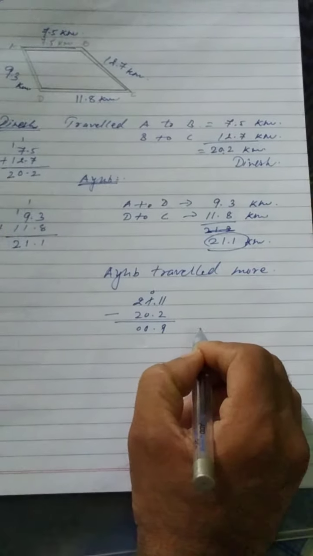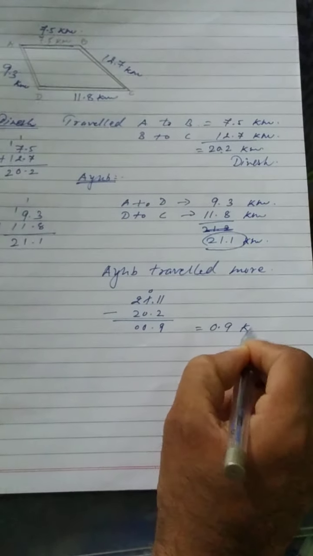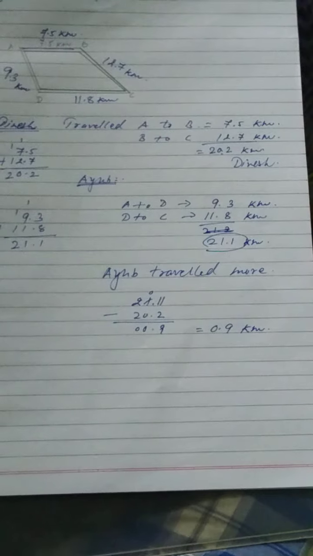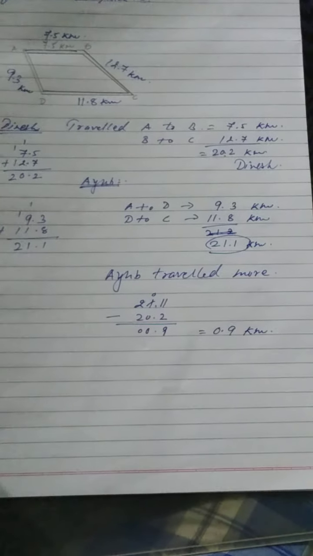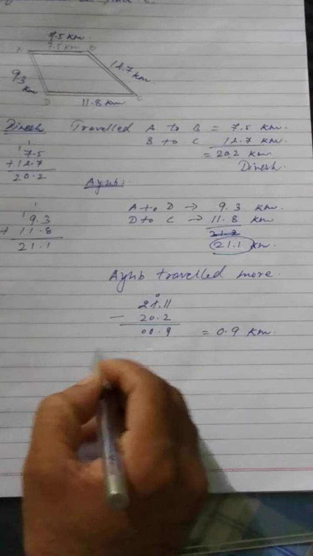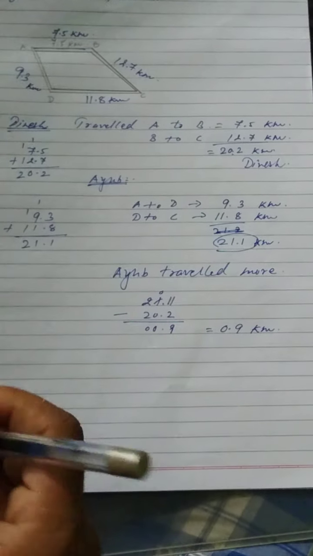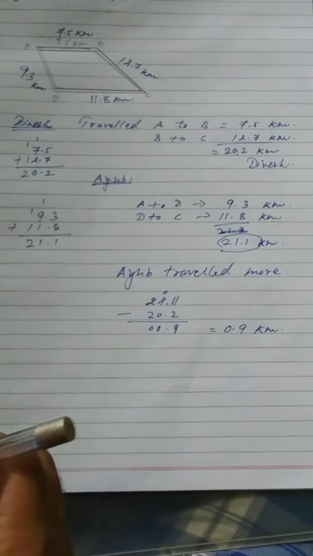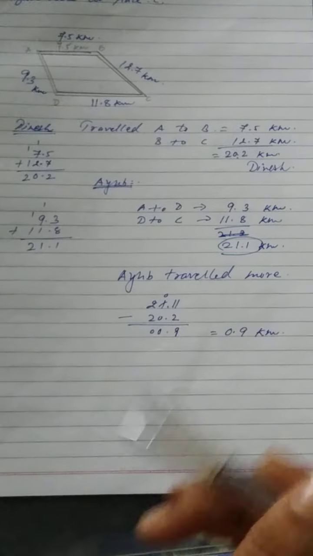So 0.9 kilometers more was traveled by Ayub. Ayub traveled 0.9 kilometers more than Dinesh. So all of you understood?